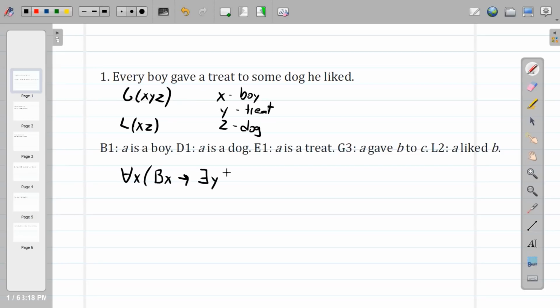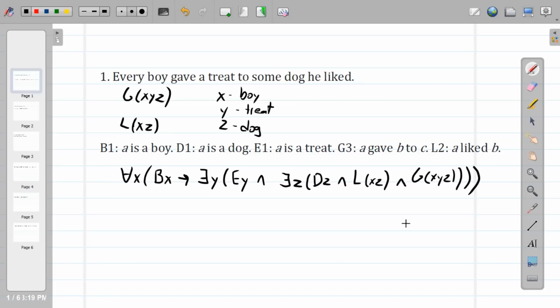There exists Y such that it's a treat, and there exists Z such that it's a dog, and the boy liked the dog, L, X, Z, and he gave the treat to the dog, G, X, Y, Z. Bracket, bracket, and bracket. How's that look? Does that make sense?